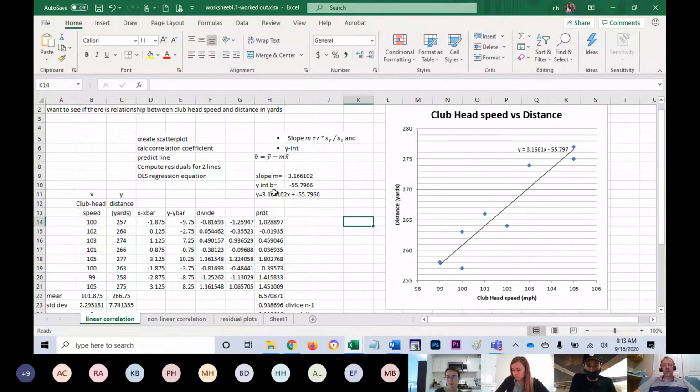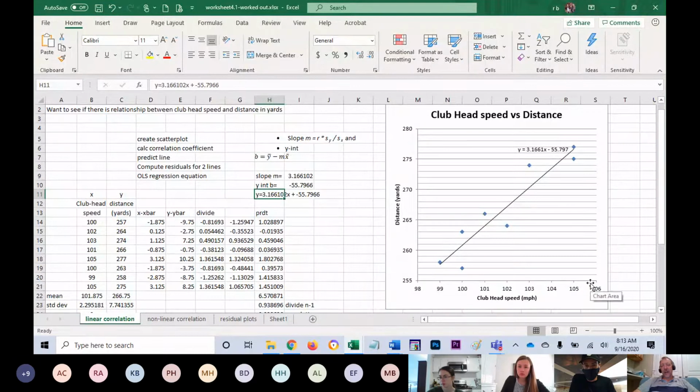So this equation doesn't make sense if you hit it 0 miles per hour. It's going to go backwards according to this. So it's good from 99 to 105, basically. That's what we've got here.